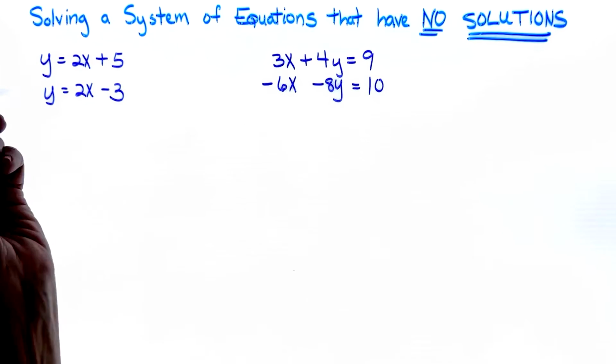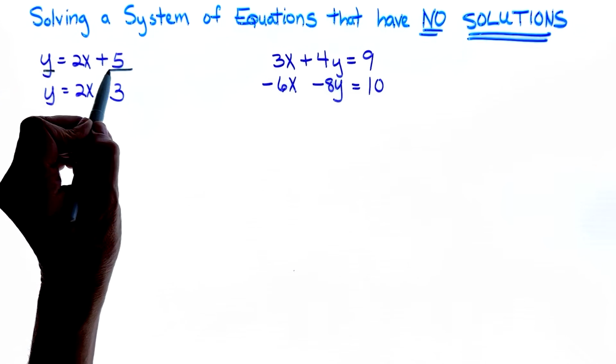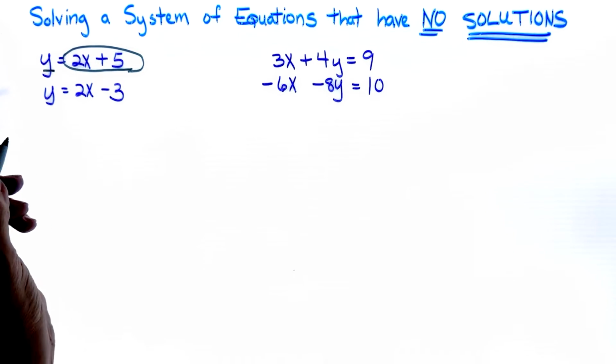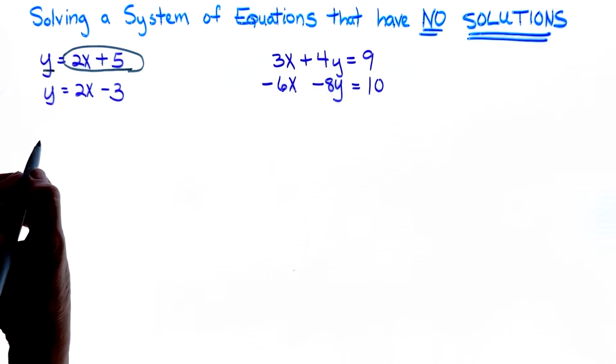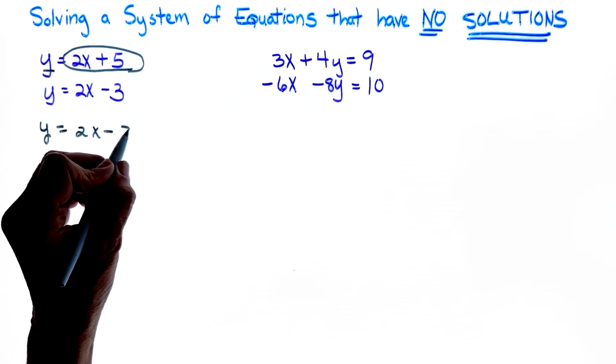So let's solve by substitution. I'm going to underline this y, and where I see a y in the second equation, I'm going to substitute in 2x plus 5. So I'm going to copy the second equation over again that I will be working with.